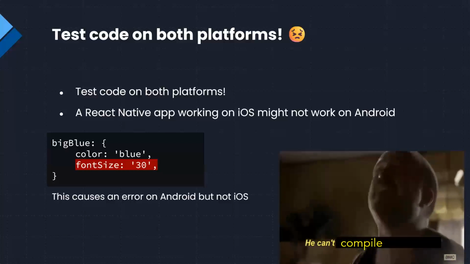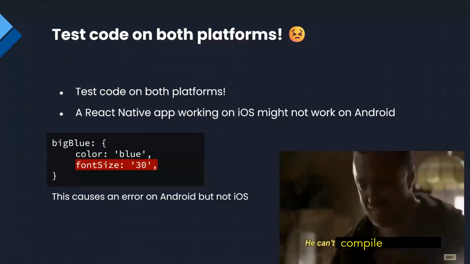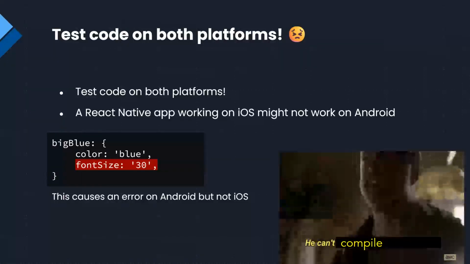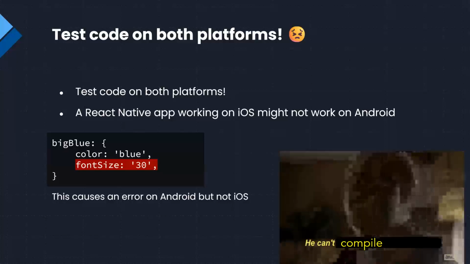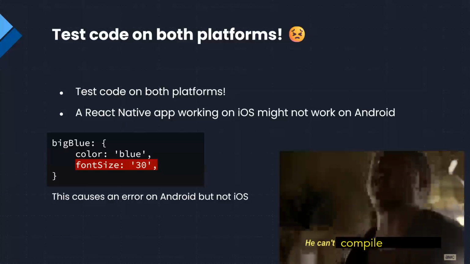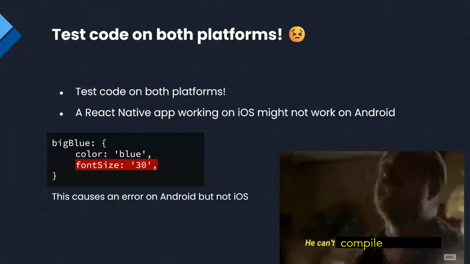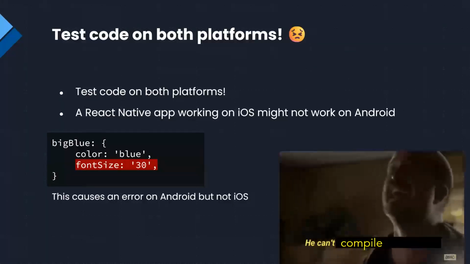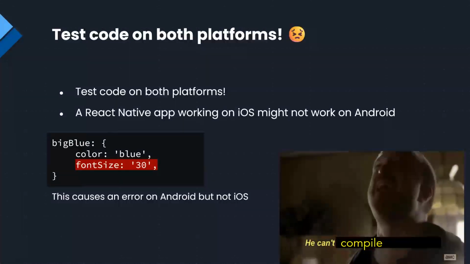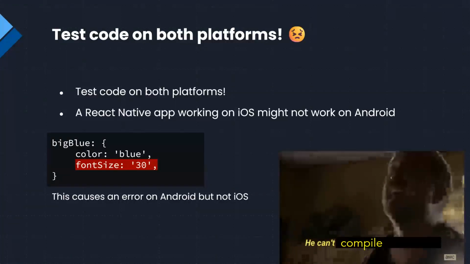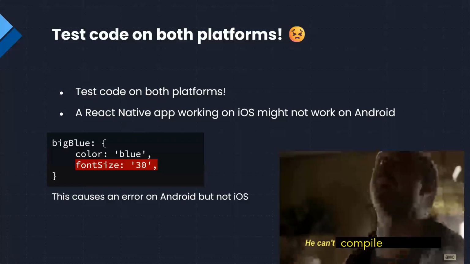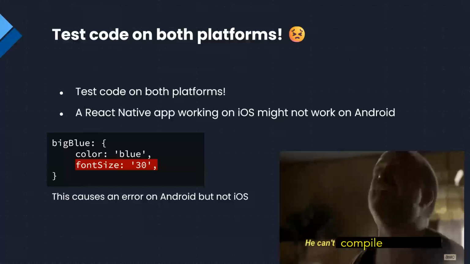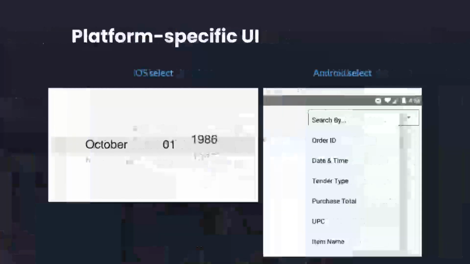And so I had to write many PRs and changes to get it to even compile on Android. And a lot of that was because of CSS that just wasn't properly written. I guess Java is a more strict language than Swift. Maybe that's the reason. But yeah, there's a lot of things that will cause errors on Android, but not iOS, in my experience.